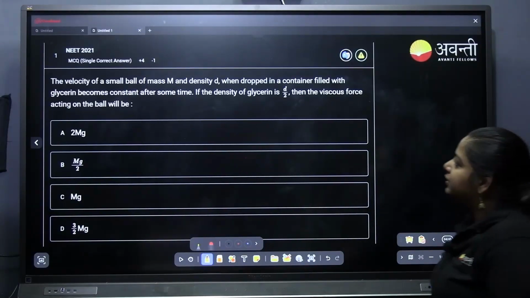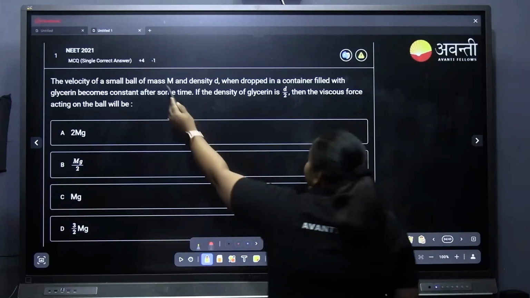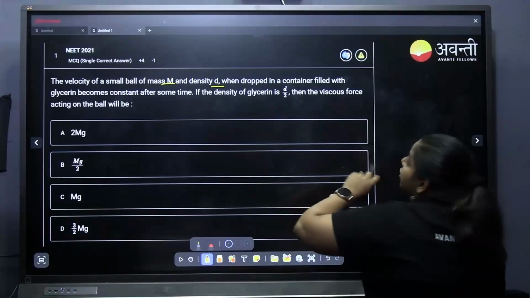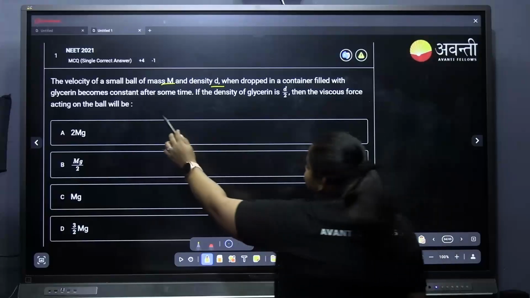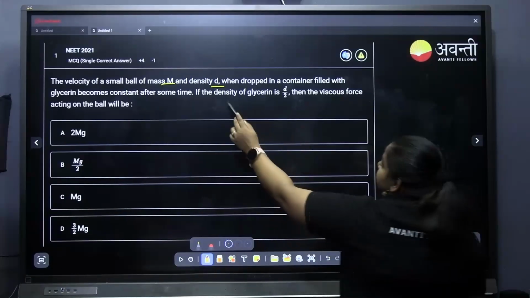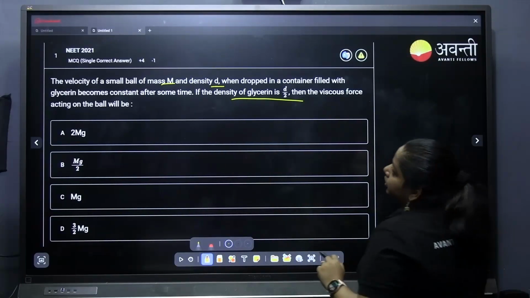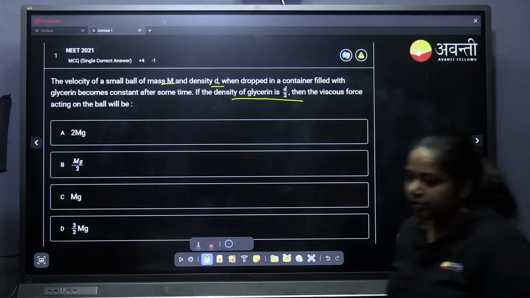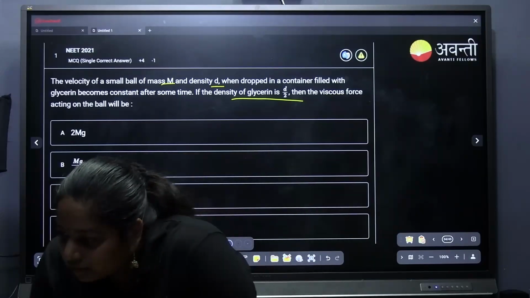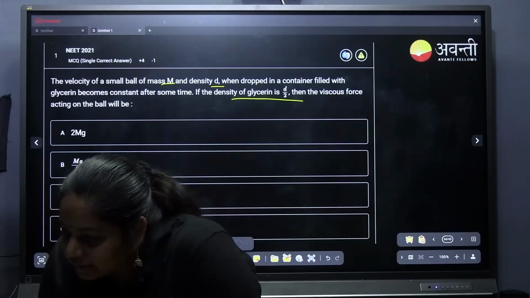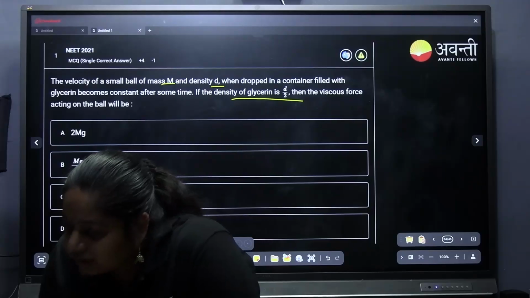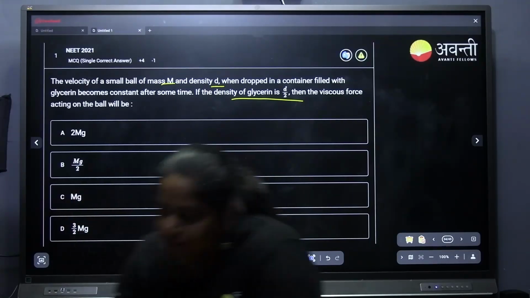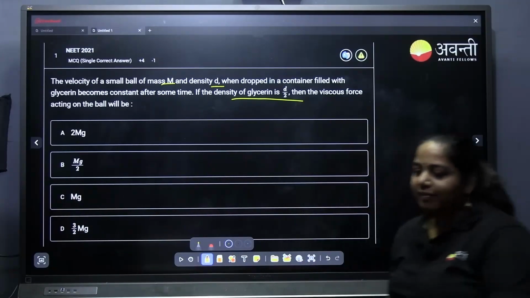The velocity of a small ball of mass m and density d, when dropped in a container filled with glycerin, becomes constant. Density of glycerin is d by 2. Then find the viscous force acting on the ball. Okay, I will explain it.